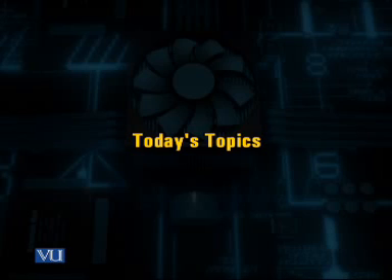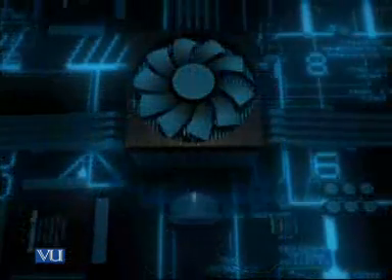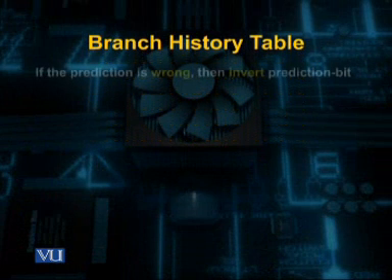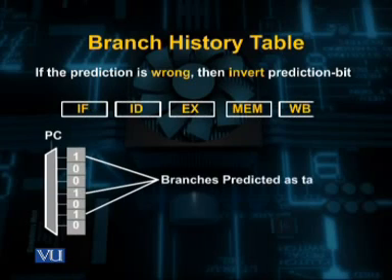The hardware-based techniques for dynamic branch prediction are based on maintaining a branch history table, abbreviated as BHT, or branch prediction buffer. The branch prediction buffer is a small memory portion where the lower portion of the address of the branch instruction, the program counter value, is placed.